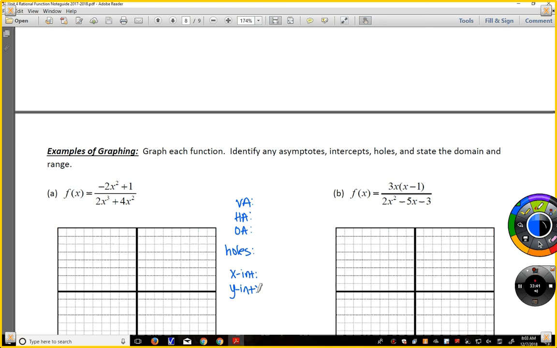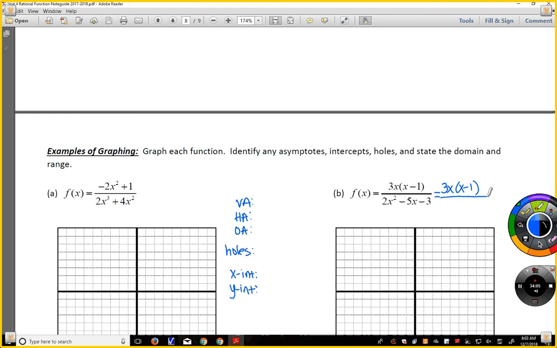We definitely need to look at it factored to see if anything cancels out, to see if there's that hole aspect happening. However, if we eventually had to divide to find an oblique asymptote, we want to multiply it back out, so we had it in standard form. So there's just kind of pros and cons to each form. But right now, we're just going to look to see if anything cancels before we continue so that we don't do extra work with things that we didn't have to work on.